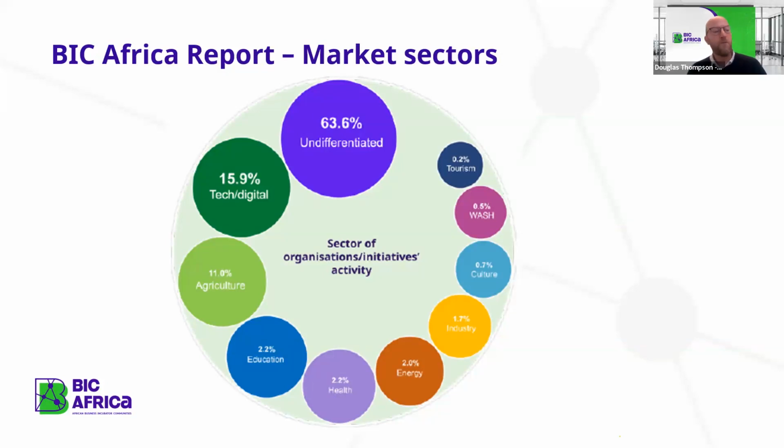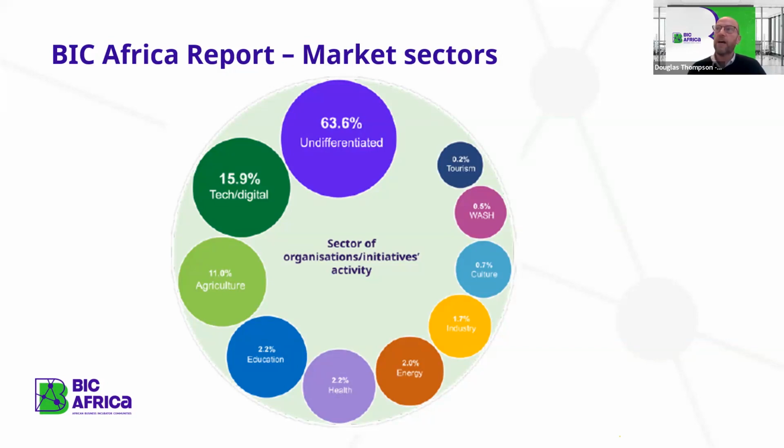What I think is interesting is that within the sectors that we could identify, by far the largest were tech, digital, and agriculture. I think that reflects the nature of the incubators and the elements that we identified within the specific countries. It's very interesting that the largest sector is indeed tech digital.